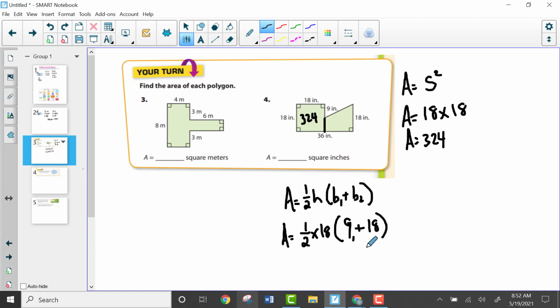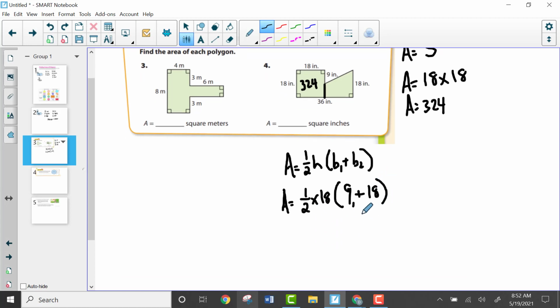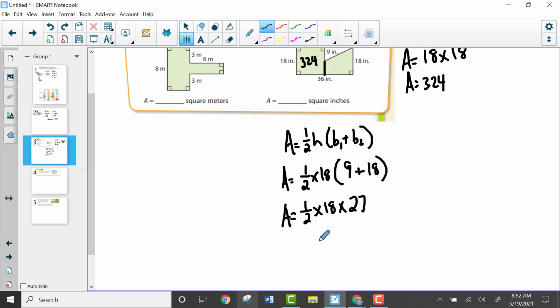And then what we're going to do is we're going to add these together. I put a little mark there. I'm going to erase that. So now we have 9 plus 18 is going to give me 27. And then we write everything again. 1/2 times 18 times 27. And then we take 1/2 times 18.